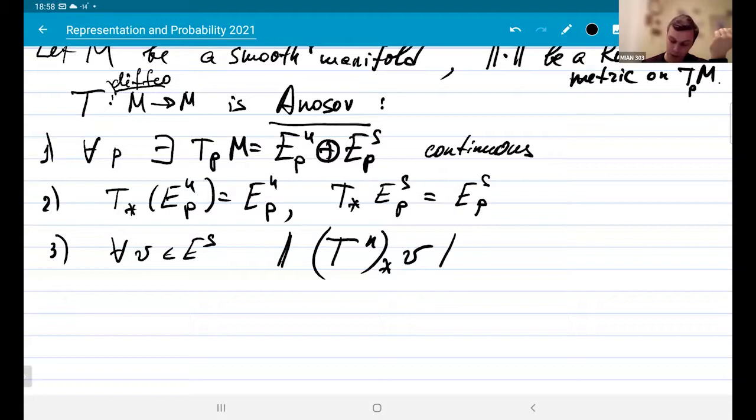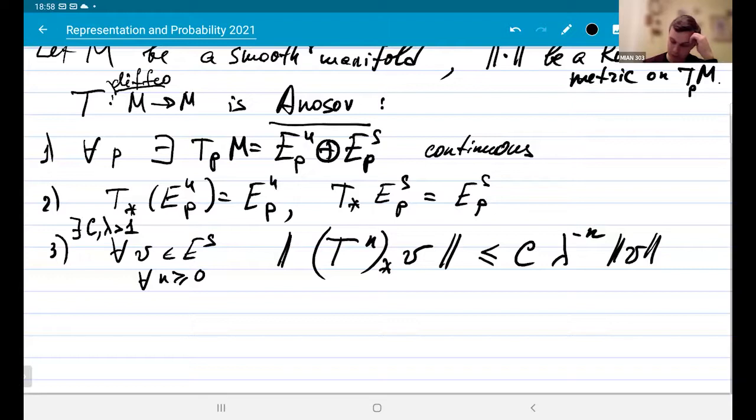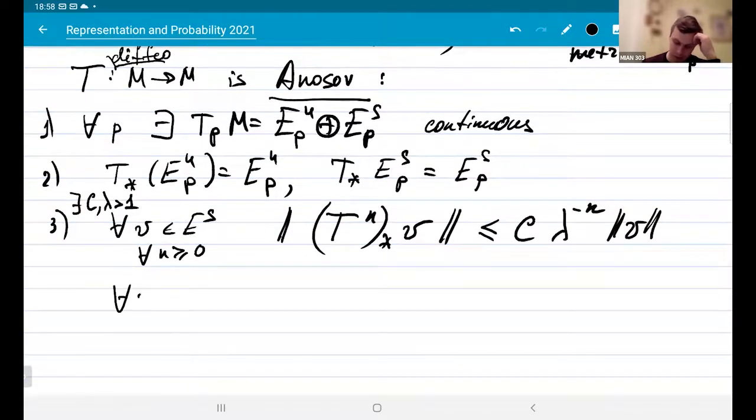And then if we consider a norm, there exists some constant C and lambda larger than 1, such that this is not more than C lambda to the minus n times the norm, for any n non-negative. And for any v in EU, the same holds for negative powers.